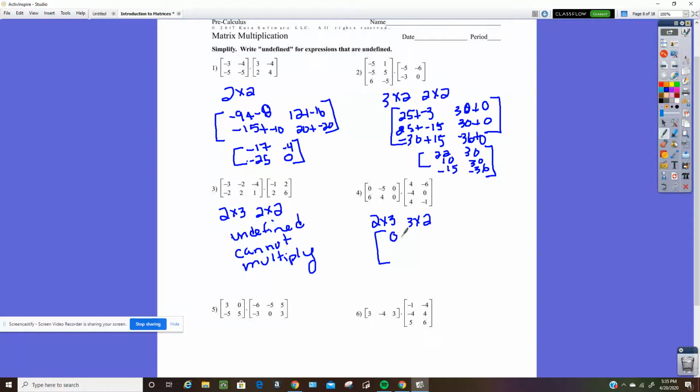So 0 plus 20 plus 0. And then 0 plus 0 plus 0. And the next row, 24 plus negative 16 plus 0.